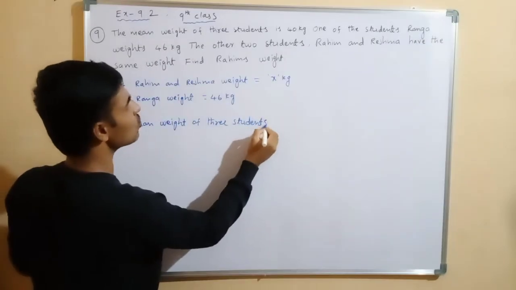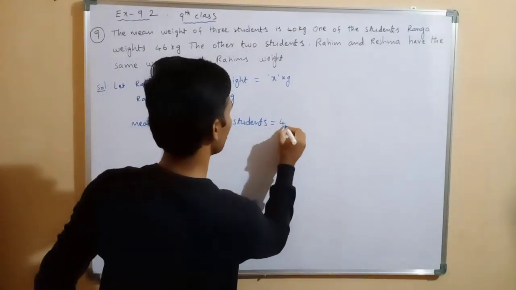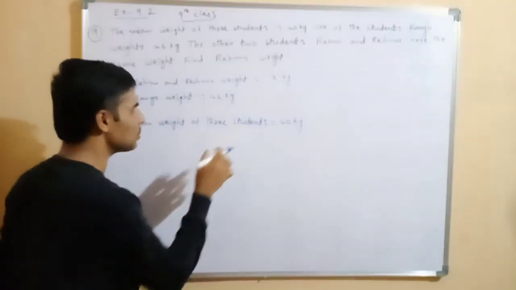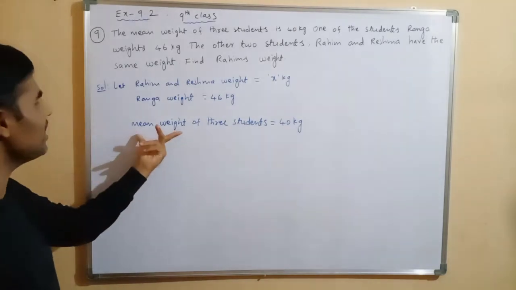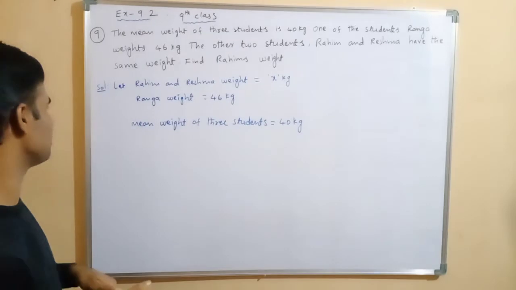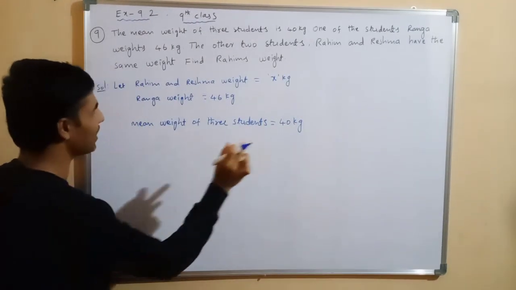So I am writing mean weight of 3 students equal to 40 kgs. Mean weight means the formula: sum of the observations divided by the total number of observations. So mean weight of 3 students equals 40, and now you write the formula.